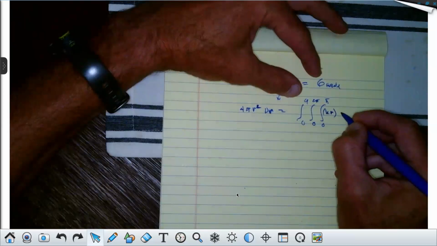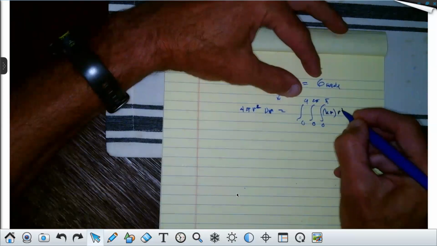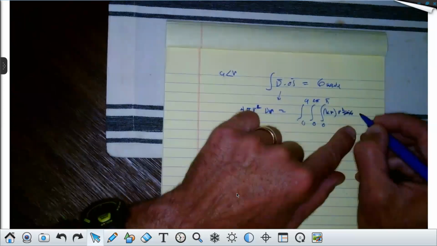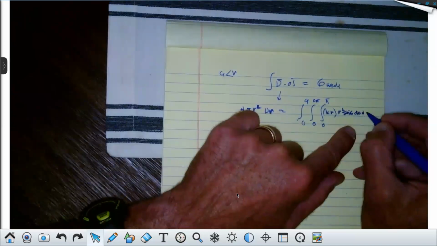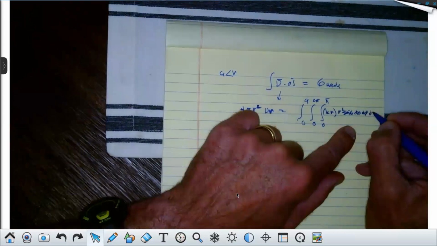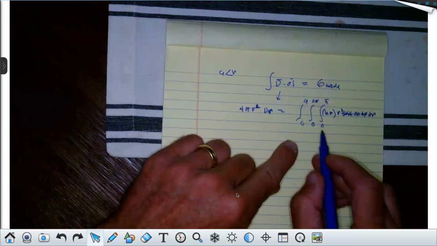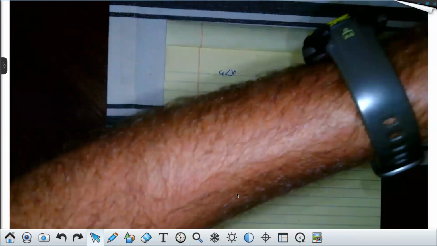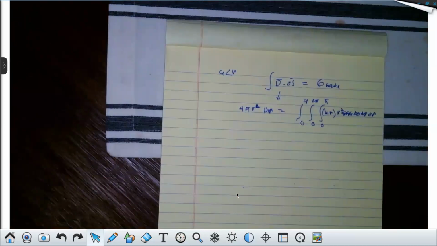And then it's going to be times r squared, and then sine theta, and then it's d theta, d phi, dr. Y'all with me? I just restated. But now we go not to r, but to a, because now it's all the charge. Remember, past a, there is no charge density for r greater than that. With me, class?